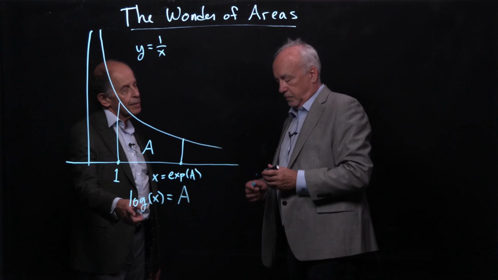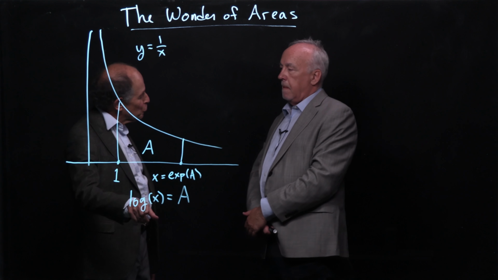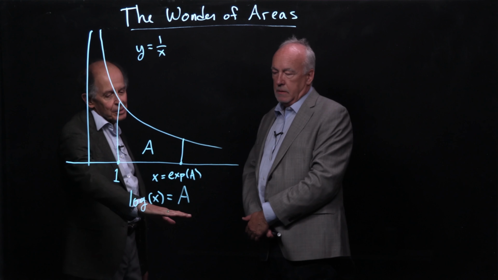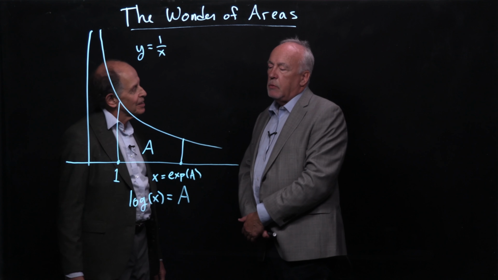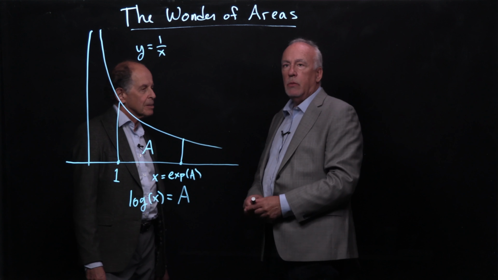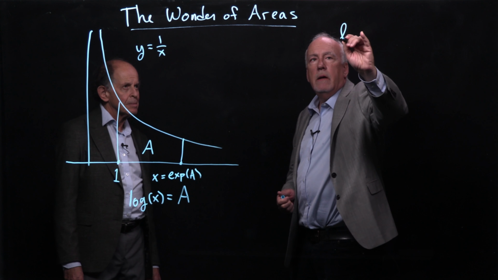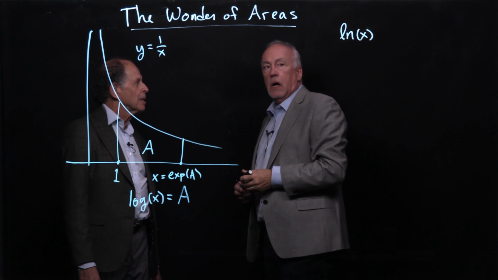Now, when you define log, there's usually a base, 10, e, 2, whatever. So when you're saying this, exactly what are you saying here? Well, this one people call the natural logarithm, and you'll sometimes see it written as ln of x, which is fine.